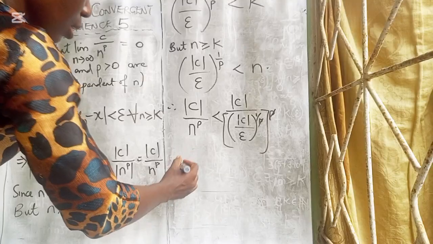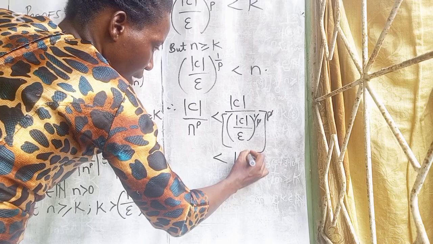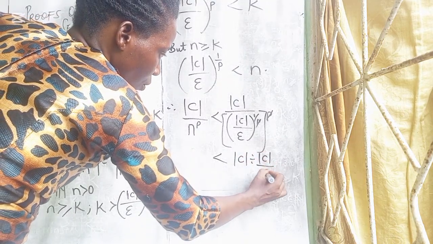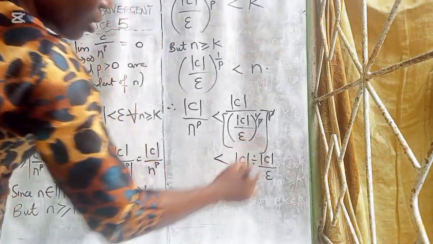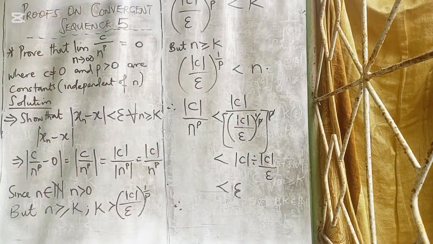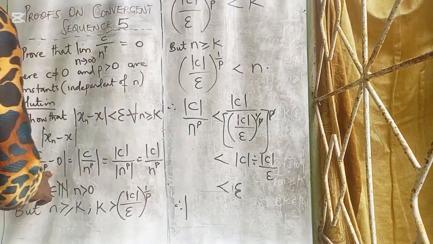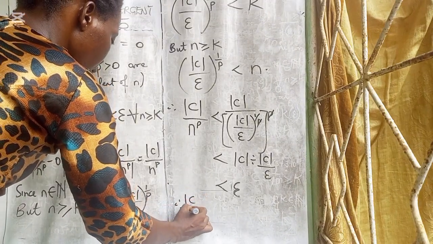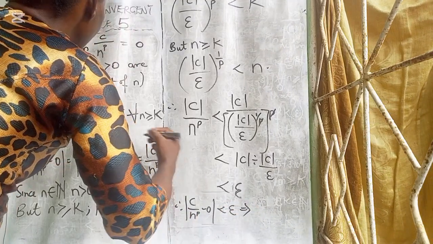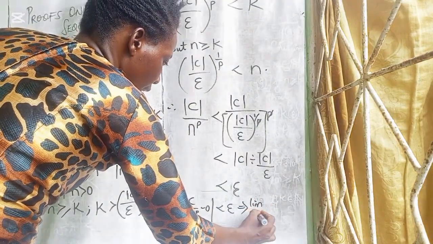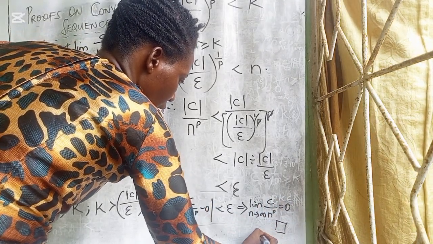This removes that, and then it is less than the absolute value of c divided by the absolute value of c over epsilon, and that is less than epsilon. I am sure you know how we got that. Therefore, we have been able to prove that the absolute value of c over n raised power p minus 0 is less than epsilon. And that implies that the limit as n tends to infinity of c over n raised power p is equal to 0.